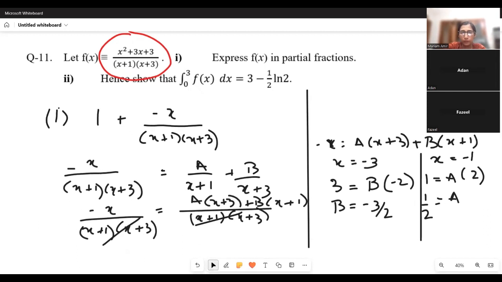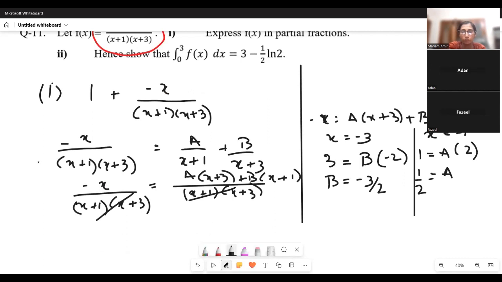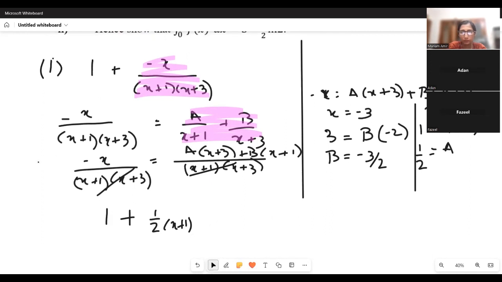So the partial fractions become 1 plus, instead of this, I'm going to write this, which is half upon x plus 1 and minus 3 upon 2 times, in the denominator, x plus 3.